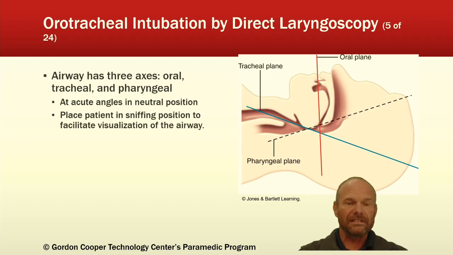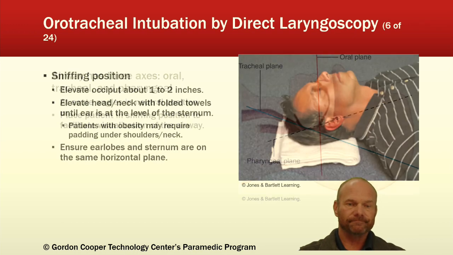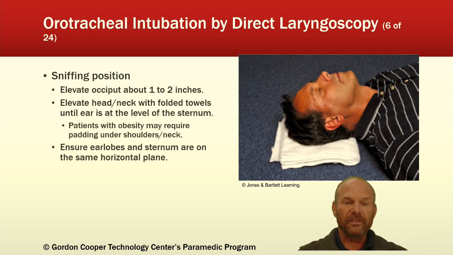It gives you a much better setup so you can see where you're going and see the structures as you pass them. The sniffing position is the key to optimizing airway alignment during intubation.